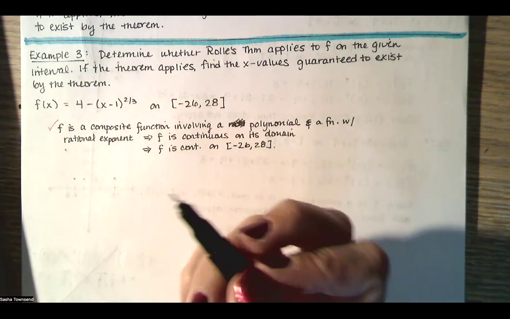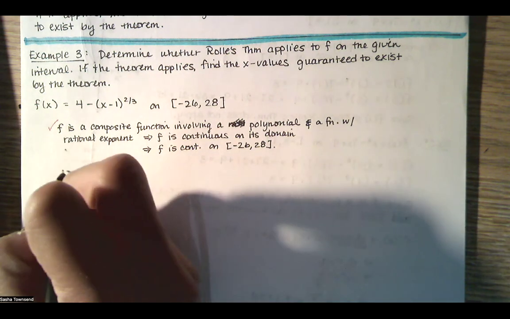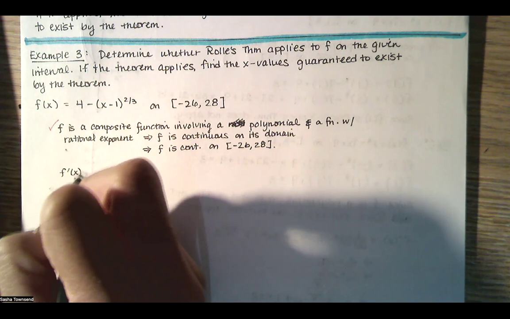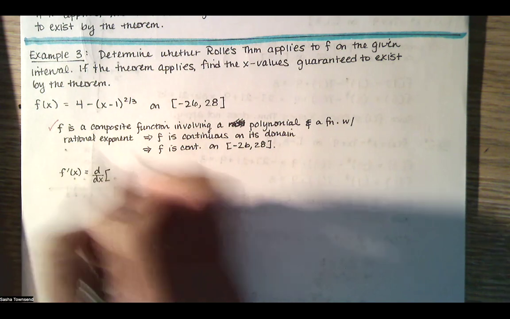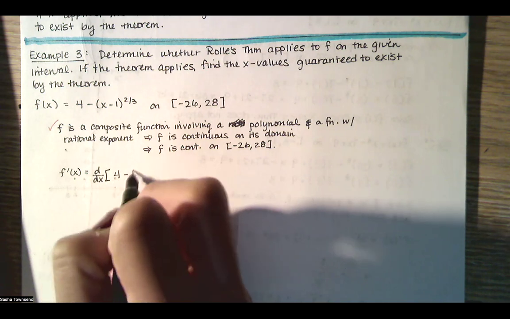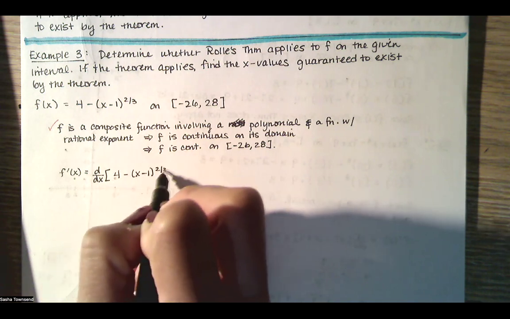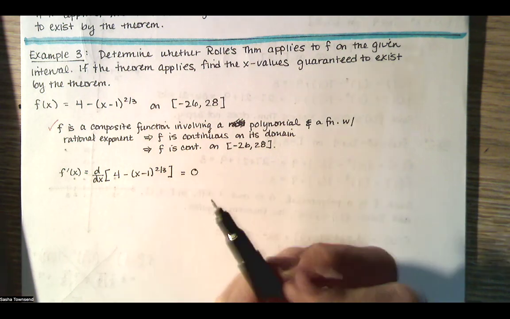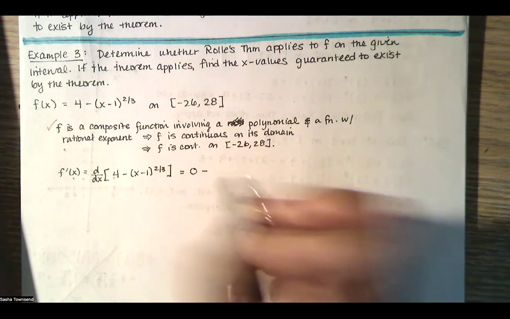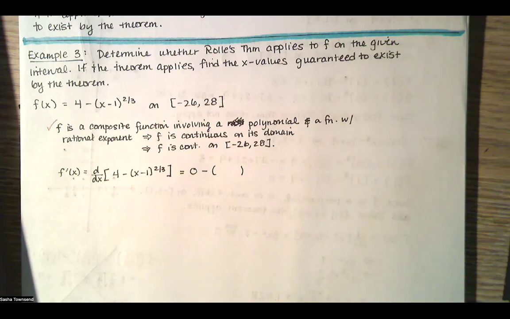And the next question is, is it differentiable? Well, let's compute f prime. This is the derivative of a sum or difference of functions. The derivative of 4 is 0, and then the derivative of this requires the chain rule. So we're going to have a -1 times the derivative of the outside function.